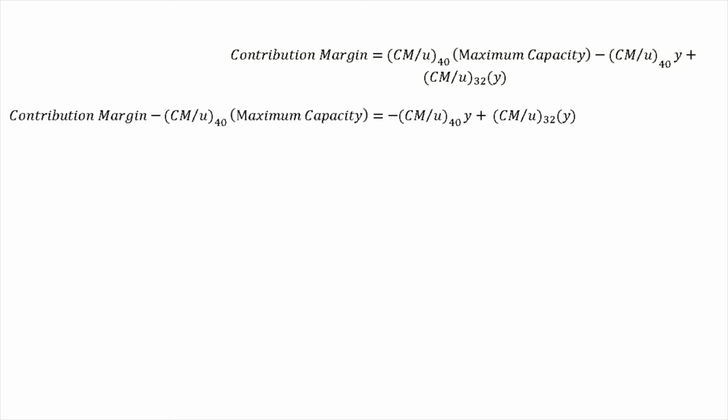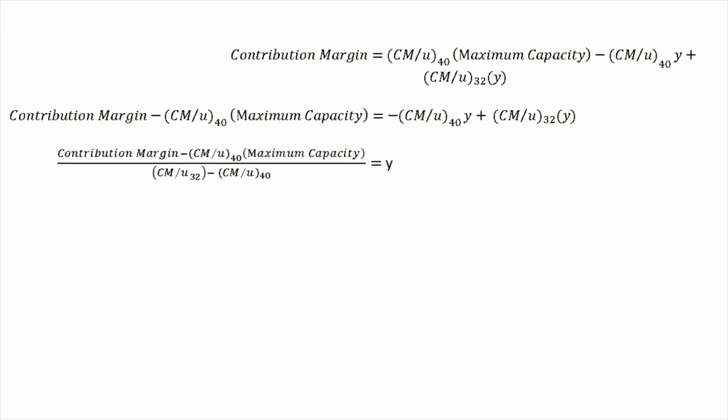Then we're going to isolate those terms with Y, or the units sold at $32, and divide both sides by the factors of Y on the right side. And we will get that Y is equal to contribution margin minus contribution margin per unit at $40 multiplied by the maximum capacity, all over contribution margin per unit for units sold at $32 minus the contribution margin per unit of units sold at $40.